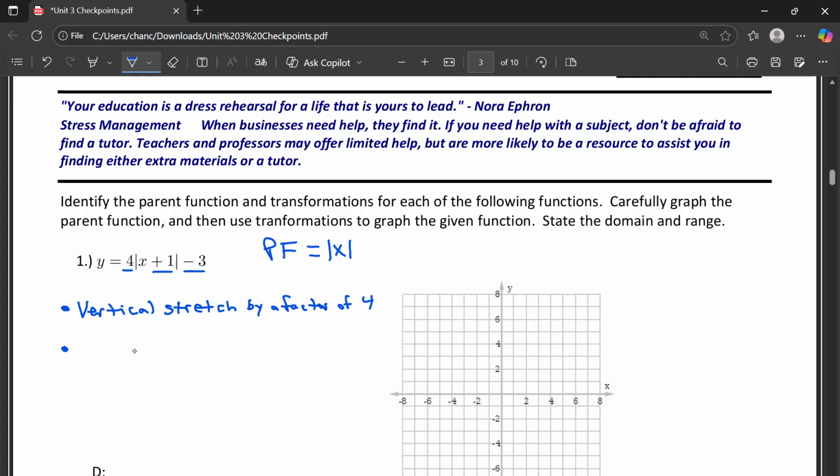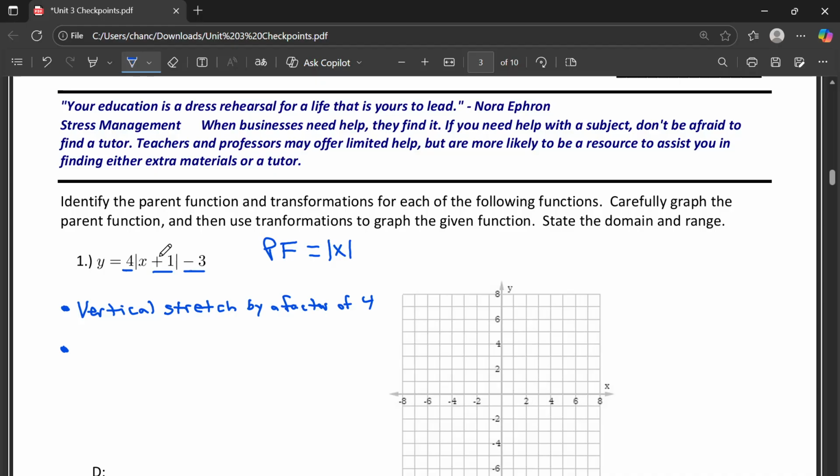Then we also have the adding and subtracting. I'll just read it from left to right, and I'll do the plus one. So since it's on the inside of the function, it's on the inside of the parent function, I know that it's going to be a left-right direction. It's going to be something horizontal. And since it's a plus one, we normally say that the inside lies to you.